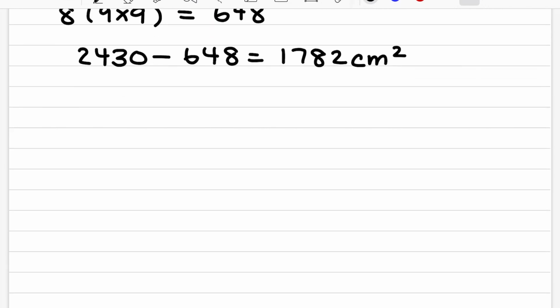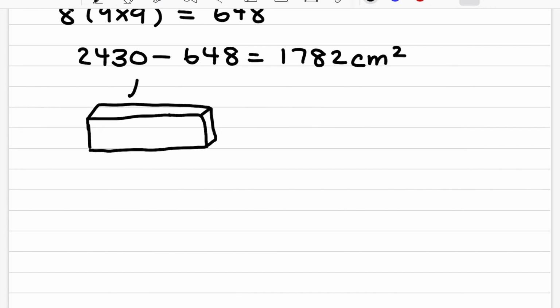Another way we can do this is think about this prism as one rectangle rather than 5 cubes. Since we know that it's 5 together, this side, we can call it the length, is going to be 5 times 9 is 45 centimeters, while the width here is still going to be 9, and the height is still going to be 9.